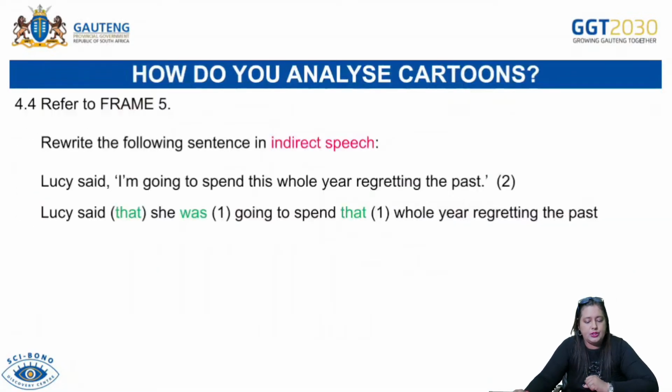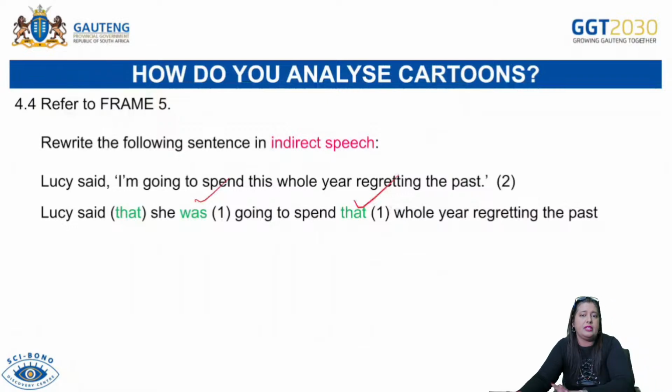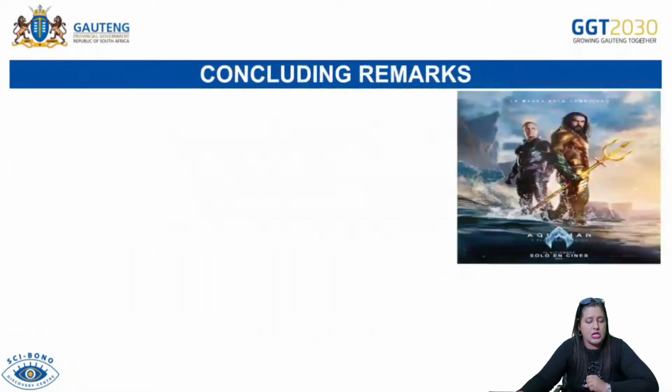She was going to spend that whole year regretting the past. Notice was and that, all showcasing the past tense, and everything has changed in response to the past, and therefore you'll get the 2 marks for that.